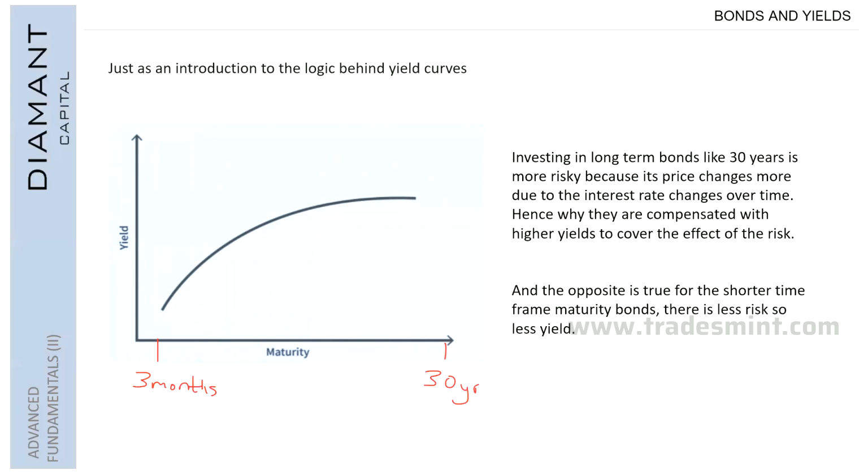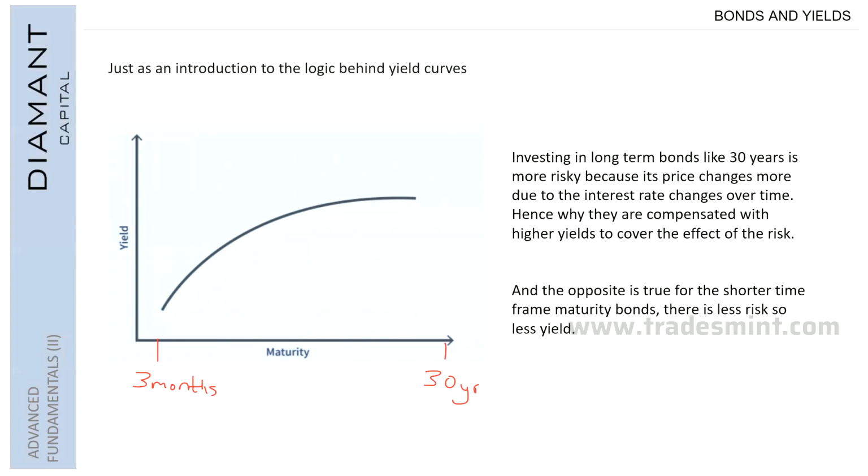So as we've been explaining, you've obviously got the bond price, but the yield is particularly important to us and also economists. And they use this chart right here called the yield curve. They've got the yield on the y-axis, the maturity on the x-axis. So just as an introduction into the next lesson where we're going to be looking at these in real depth, investing in long-term bonds like 30 years is more risky.